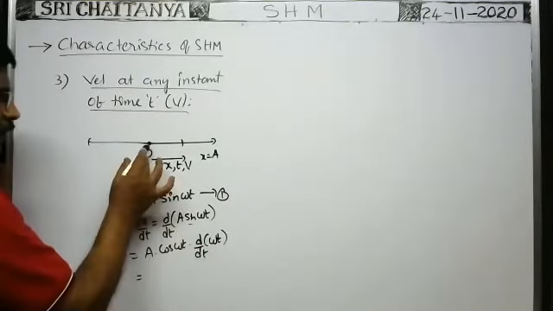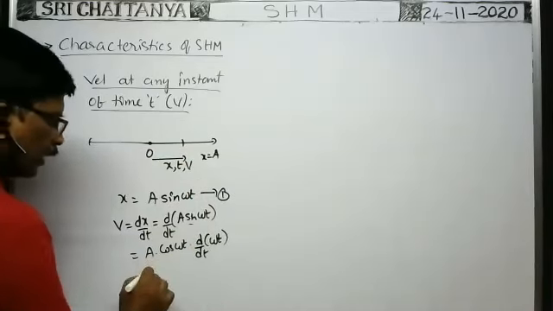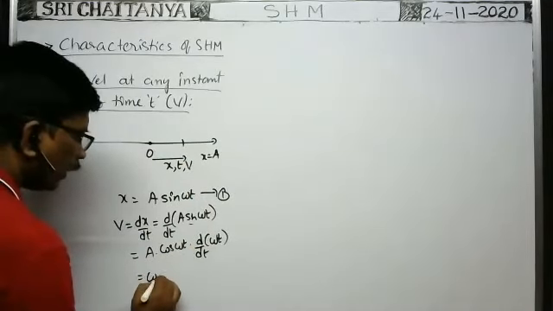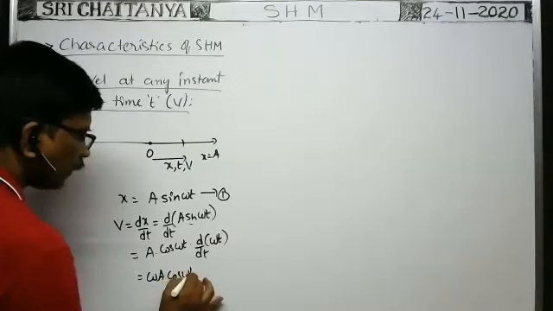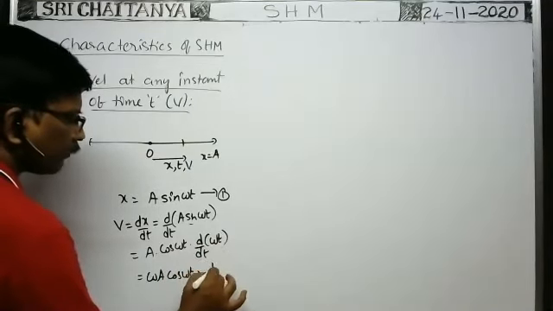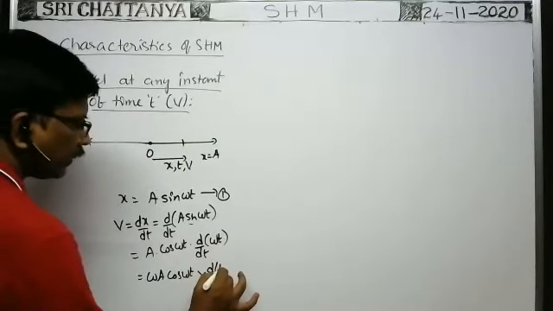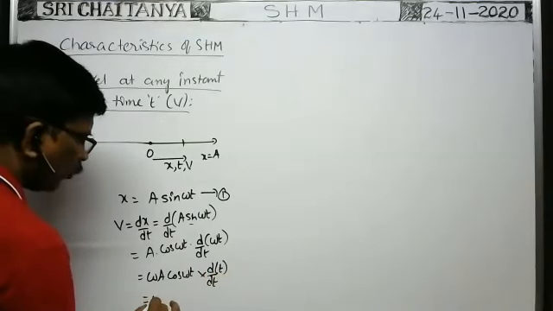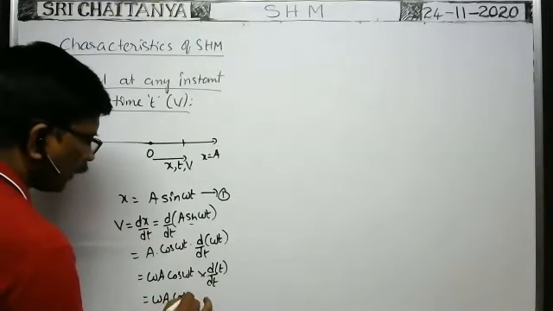Omega is the angular frequency of the particle in SHM, that is constant, so you write it outside. So omega a into cos omega t into d by dt of t, and d by dt of t is equal to 1. Therefore, omega a cos omega t.